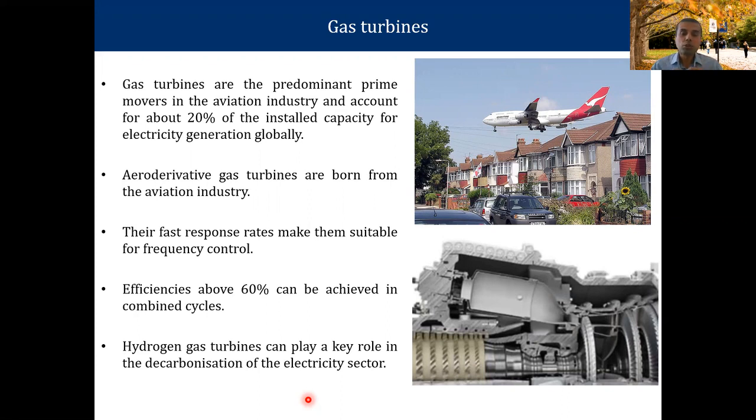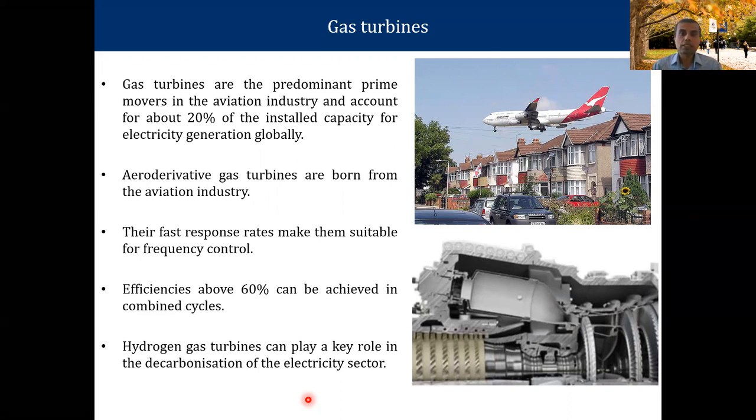It's interesting to note the link between the aviation sector and the electricity sector, because there is a class of gas turbines called aeroderivative gas turbines. They are basically jet engines which have been modified to be able to produce electricity.